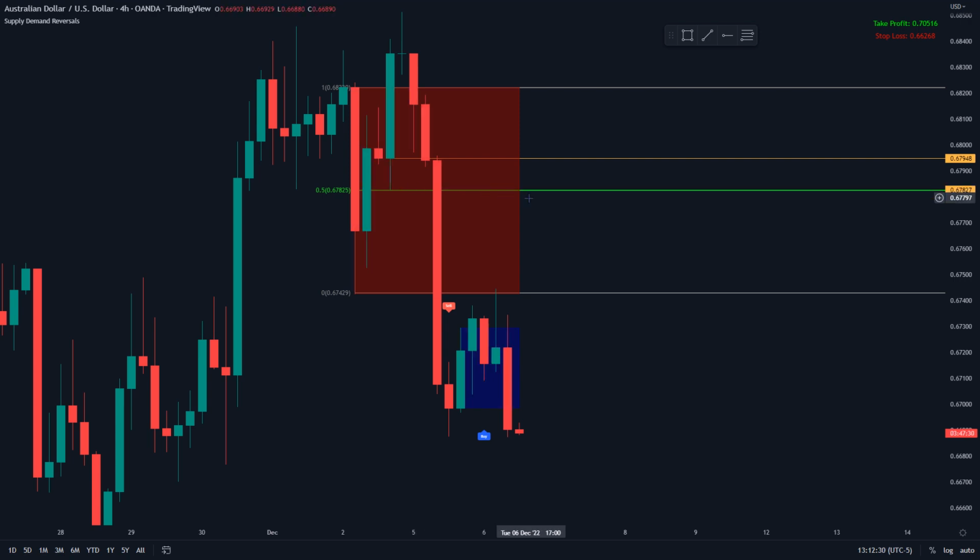So we can expect this price level to be a highly sensitive area and probably give us some good trade setups right here. The equilibrium, the 50% mark, of supply and demand zones are going to be the most sensitive levels to trade from. So we can see that right there.